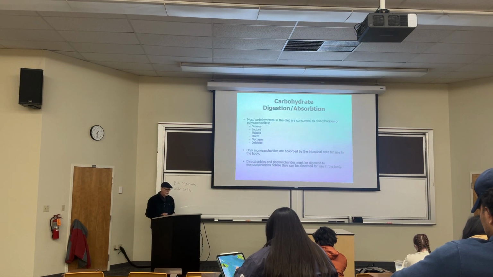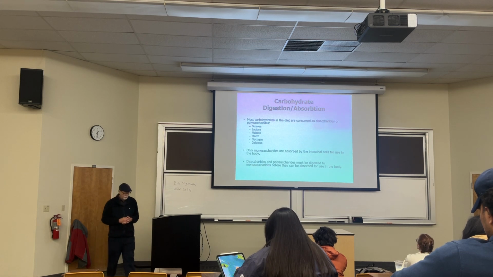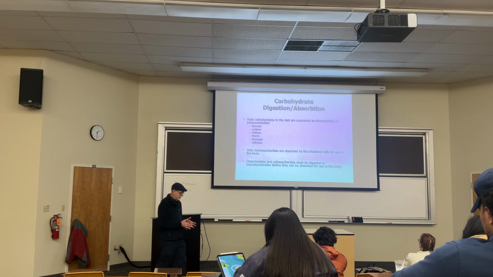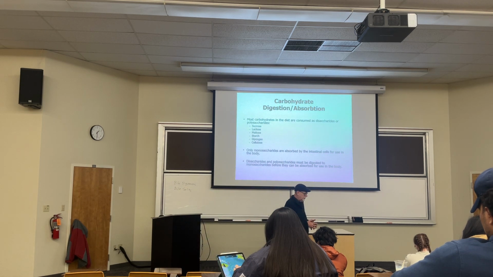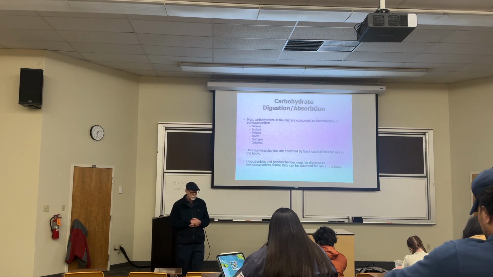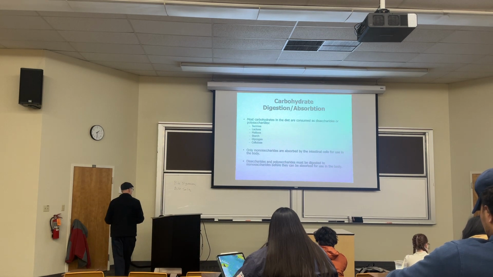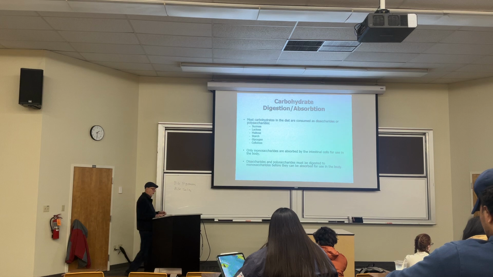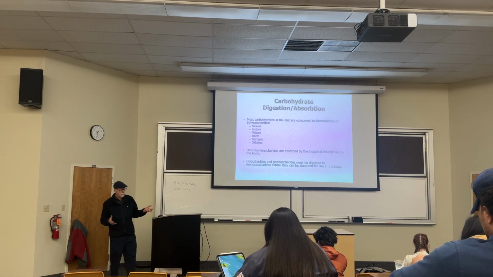All right, well, let's talk about now digestion and absorption. First, we'll talk about carbohydrate digestion, and we'll talk about protein digestion and absorption, and we'll talk about fat digestion and absorption. We won't do much with nucleic acids because that's a relatively small amount. Well, carbohydrates, we have polysaccharides like starches.